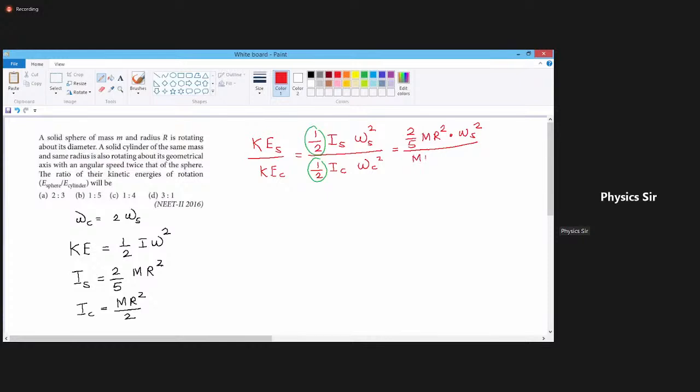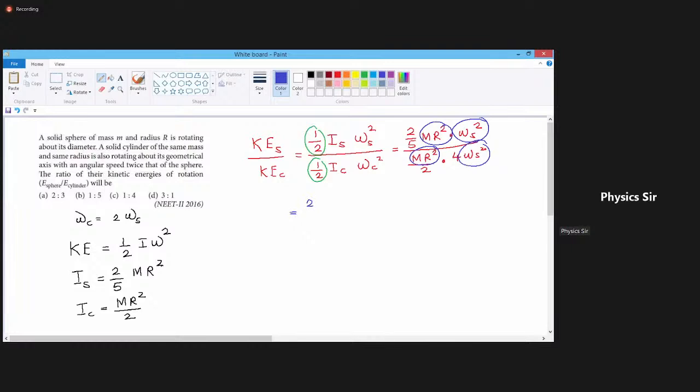This is mr square by 2 into the angular velocity of the cylinder, which is 2 times, so this will become 4 times that of the sphere. So these get cancelled. Mr square gets cancelled.